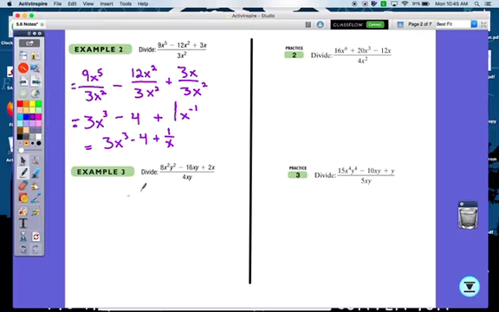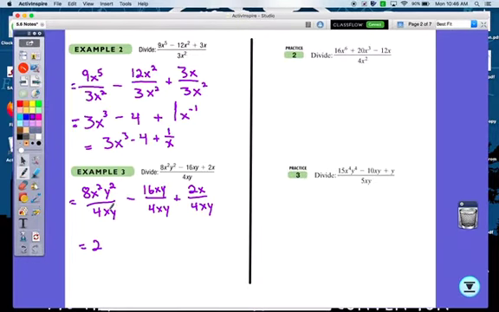All right, example 3, we just have more letters, but it's the same thing. We're going to take 8x squared y squared over the 4xy, minus, because of the minus, 16xy over the 4xy, plus 2x over the 4xy. On the first term, 8 divided by 4 is 2.